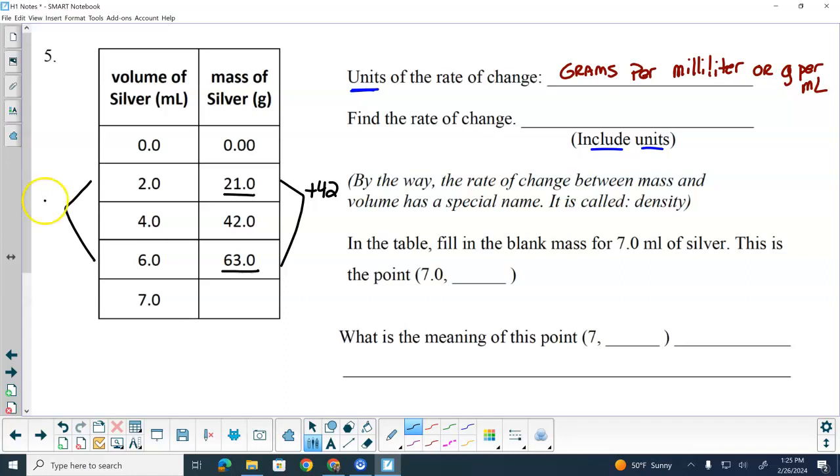Add 4. Okay? Elliot, how do I find rate of change? What? Yeah, what's the something? And what's the other something? $42.